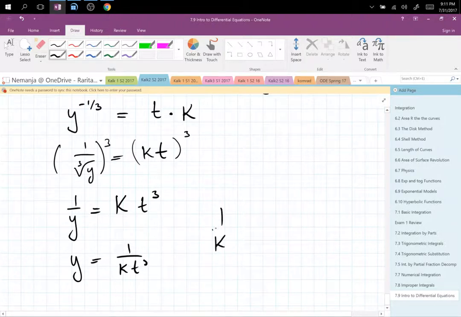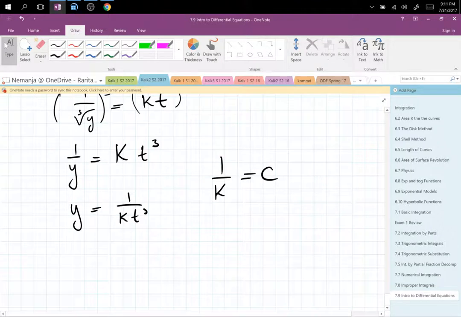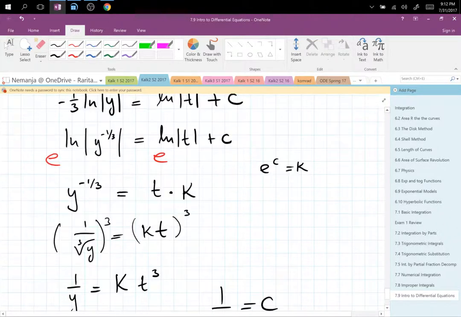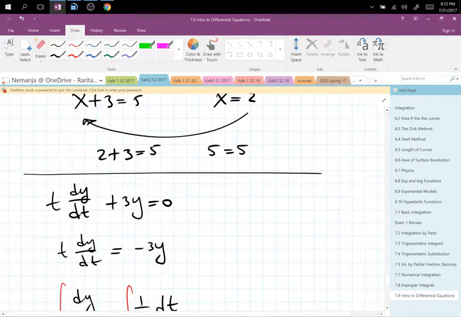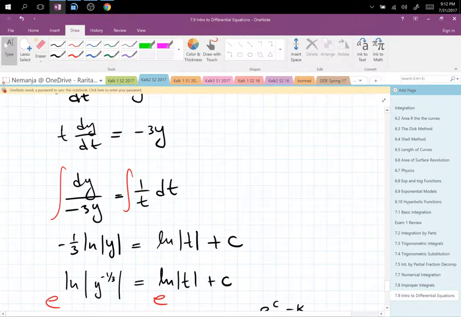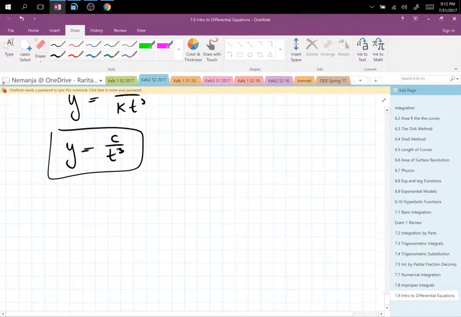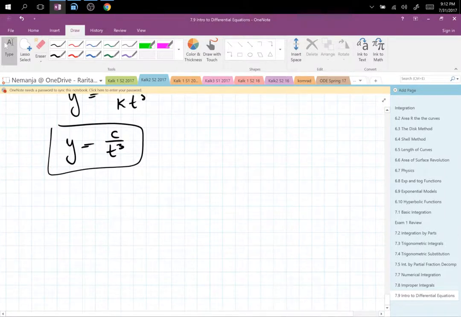And call this 1 over k c, whatever. And there you go. So it was a separable equation. You follow calculations and so on. Again, for you guys, you're just seeing this for the first time, so it seems complicated, but this is the cheapest possible method. It's rare. It's almost like u sub, or more rudimentary than that, actually.